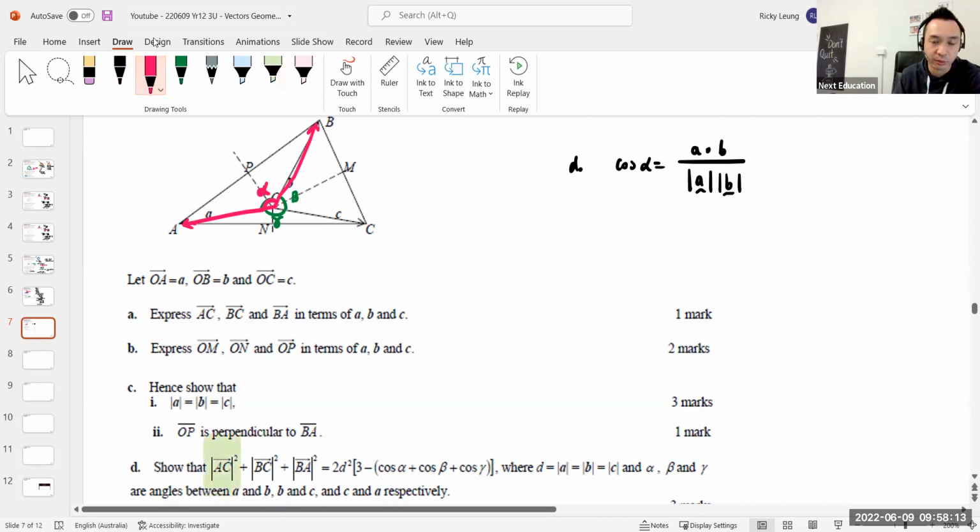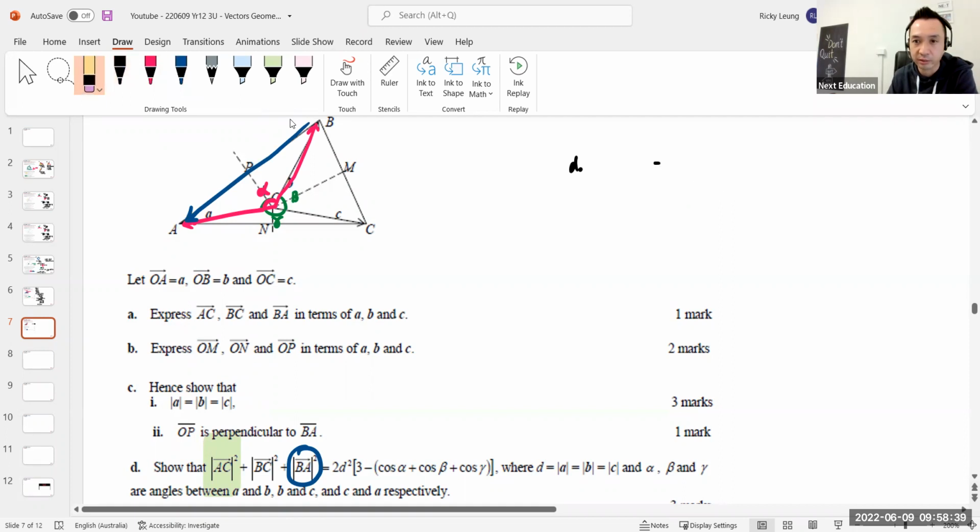I'm just going to use cosine rule. Maybe I've used the wrong thing. Maybe I'm using cosine rule because I haven't actually got AC in my diagram. AC is this guy, right? Oh, okay. Maybe I'll do BA first, which is this guy. Yeah, I just use cosine rule. Perfect.